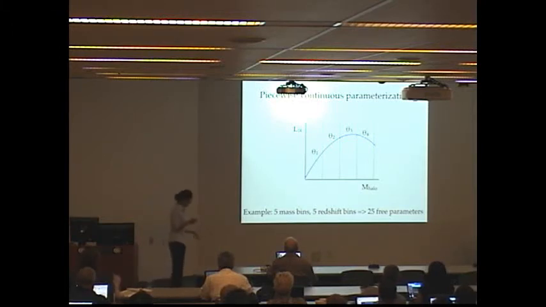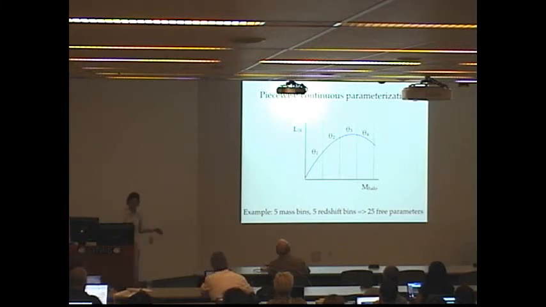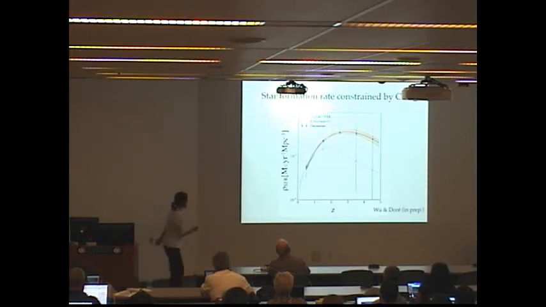I have bands of halo mass, and for each mass band, I have a free parameter describing the IR luminosity in that band, and I also do this for redshift bands. With this, I can see how well the power spectrum can constrain these parameters. And the result is the model plot, the star formation rate per volume as a function of redshift.